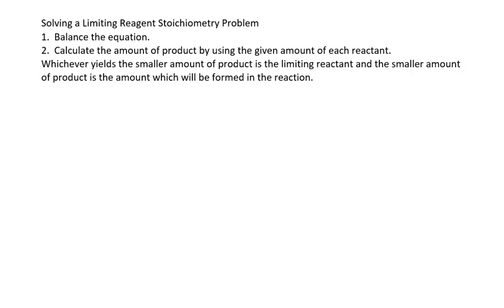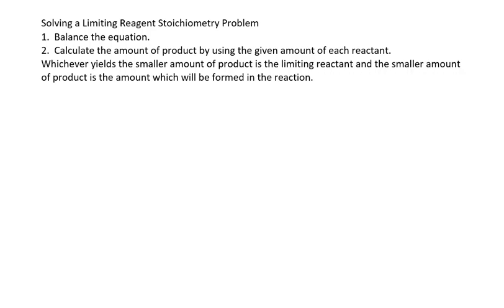So I'll just summarize this. We haven't done any balancing equations. Just for the simplicity of introducing the material, I've always given you balanced equations. But I can promise you from here on out, you're going to see equations that aren't balanced, so you've got to balance them before you ever get started.